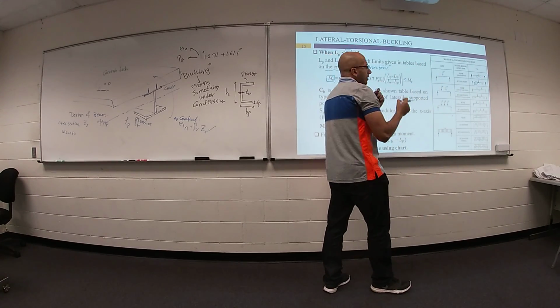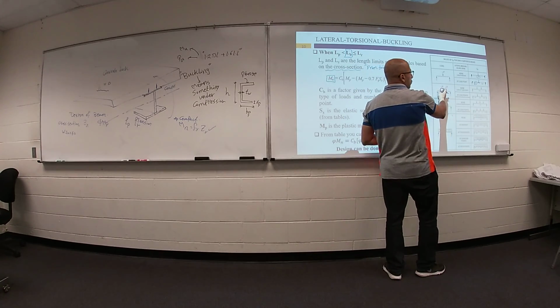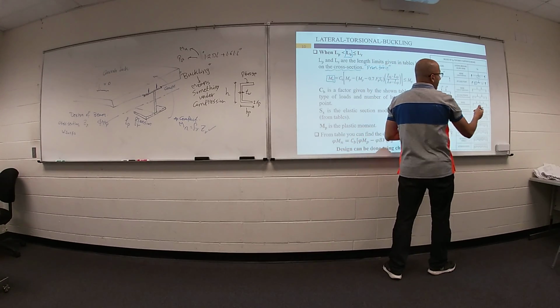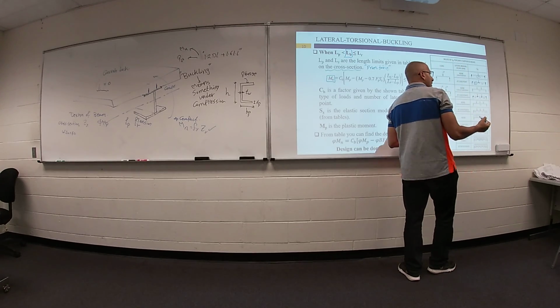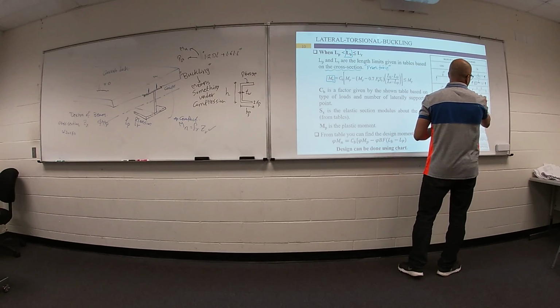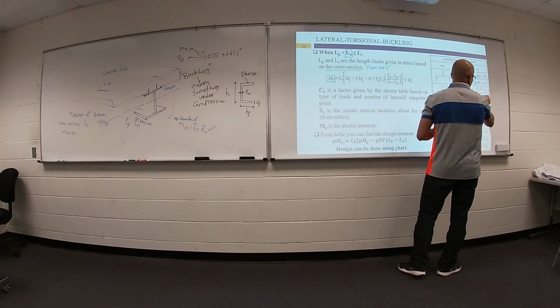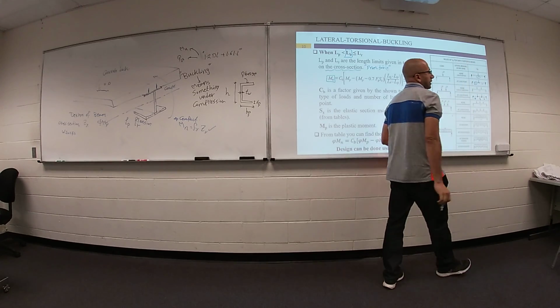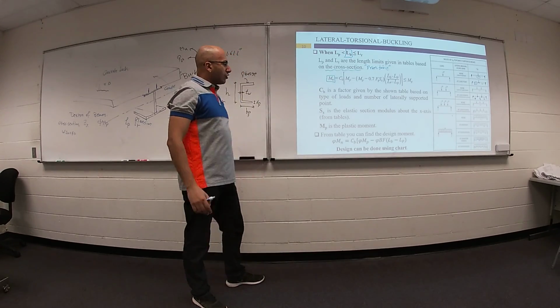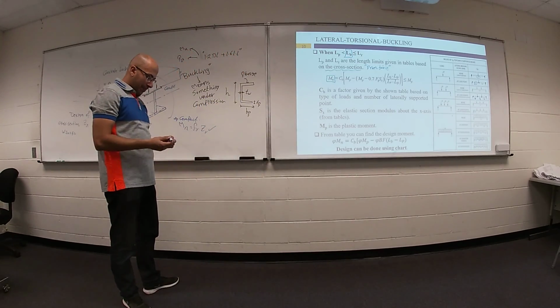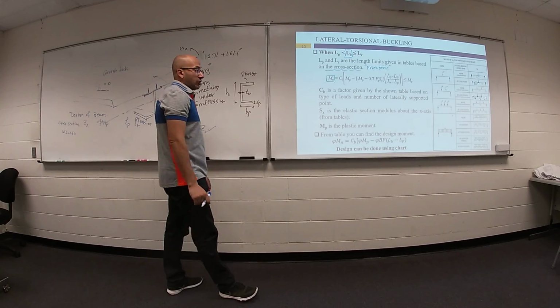If your beam is under the effect of two concentrated loads and is supported by vertical bracing at these locations, then your CB in this part equals 1.67, in this part equals 1, in this part equals 1.67. It's a little complicated to use this one. Actually, we have another option.